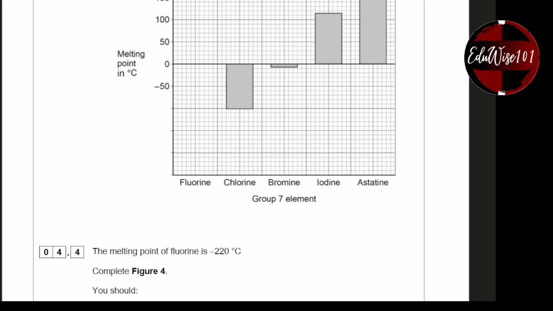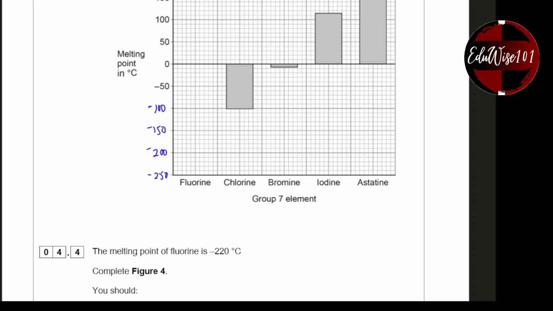Complete figure 4. You should complete the scale on the y-axis. Draw the bar for the melting point of fluorine. So the scale would be, from 0 to 50 is 5 boxes. That's minus 100, minus 150, minus 200, minus 250.